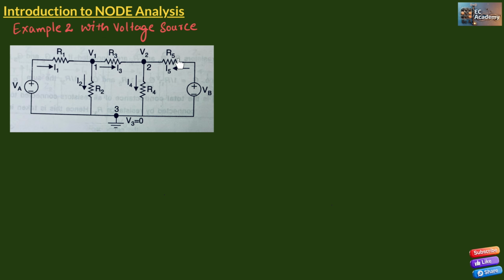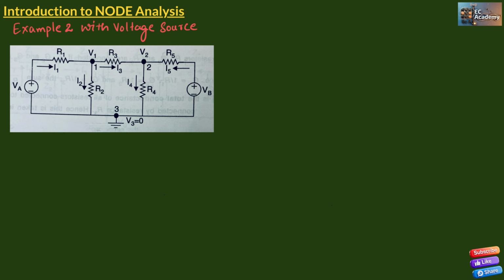Now let us move to a more complex example with voltage sources. Let us consider this network that has two voltage sources VA and VB that are connected with resistors R1, R2, R3, R4 and R5.